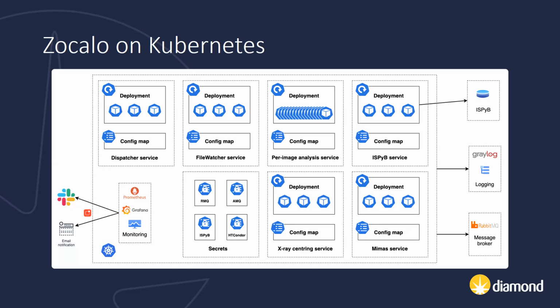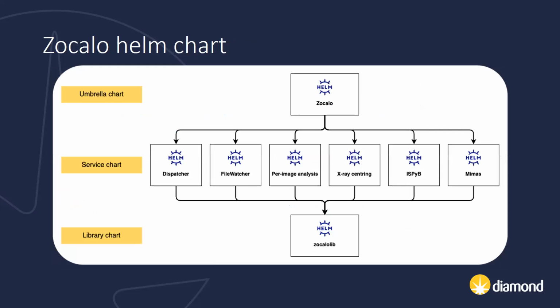We manage the deployment of Zocalo as a whole via a Helm chart, where each individual service is a standalone Helm chart that depends on a shared library chart, and then we've got a top-level umbrella chart that ties everything together, so you can deploy the whole stack with a single Helm command.